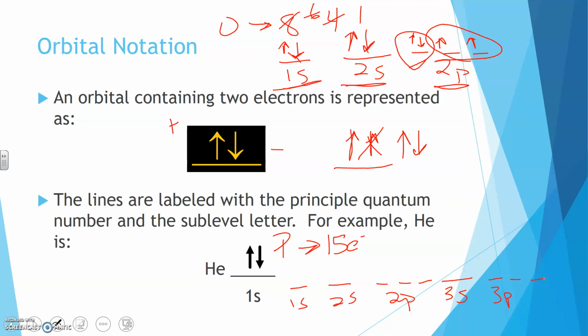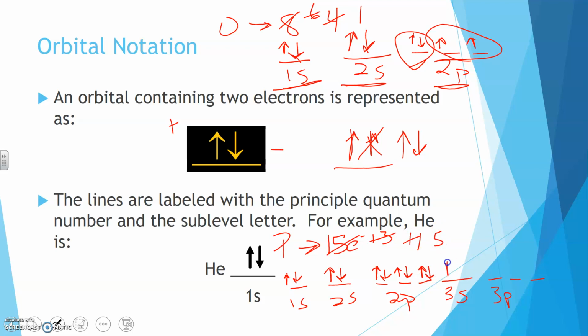All right, so we put 2 electrons in the first one here. So now we're down to 13. Put 2 more in the 2s there. Now we're down to 11. We're going to put 6 in 2p. So now we're down to 5.